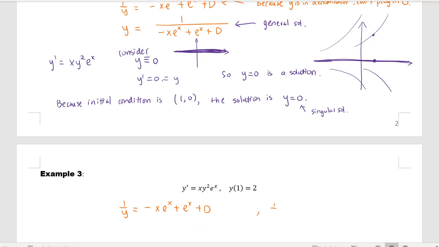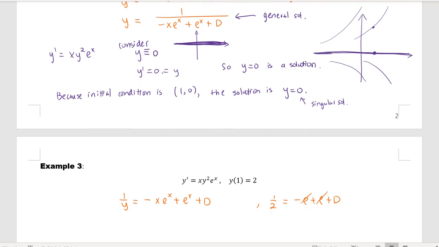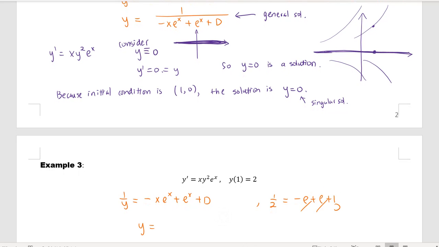Then we have 1/2 equals, x is 1, so minus e plus e plus d. So d is 1/2. So finally, y is what? Remember, it's this guy, and you plug in d equals 1/2. So minus x e to the x plus e to the x plus 1/2.